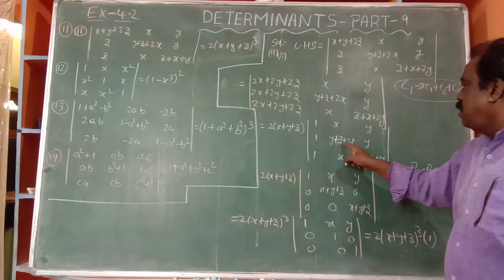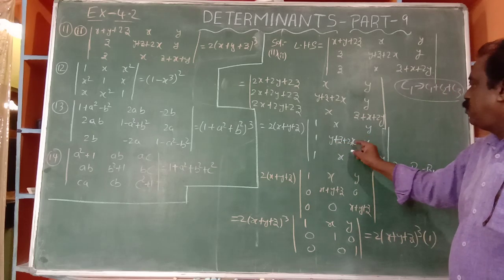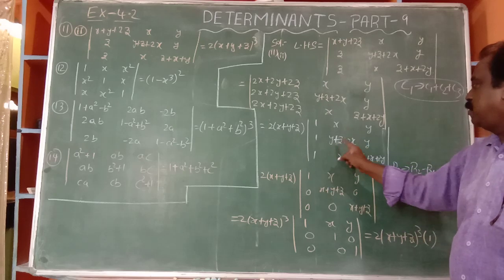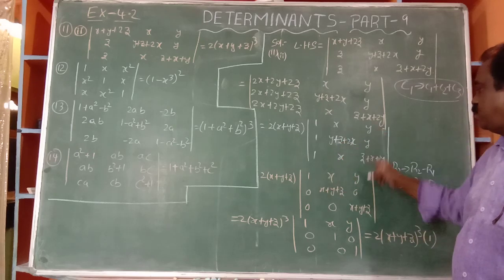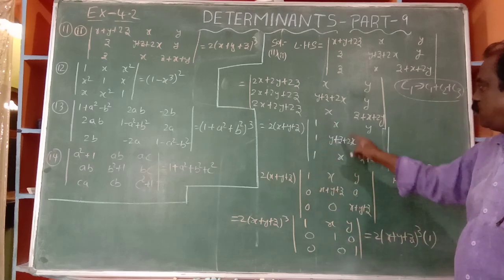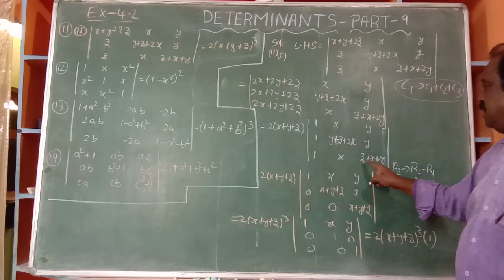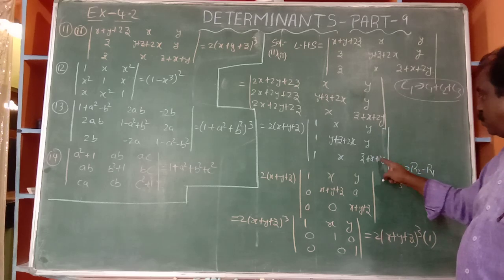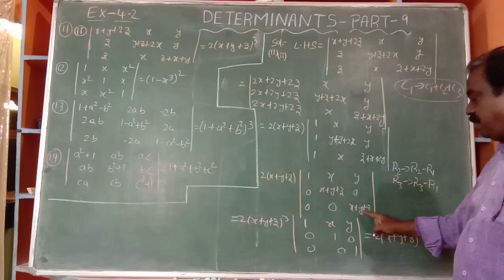Okay? y plus z plus 2x minus x, we get x plus y plus z only. y minus y is 0. Here also 1 minus 1 is 0, x minus x is 0, z plus x plus 2y minus y, R3 minus R1, 2y minus y, y remains.